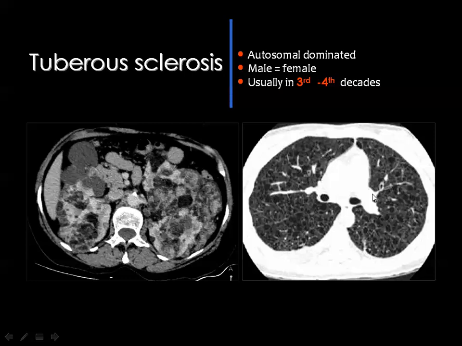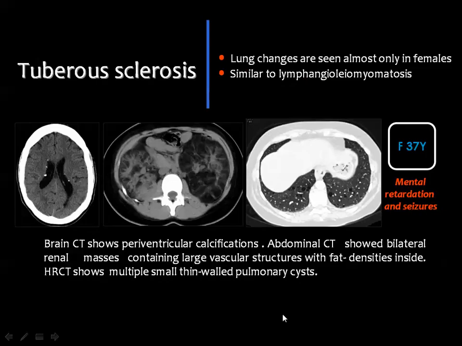But here, the disease affects both males and females and is usually associated with angiomyolipoma of the kidney, either unilateral or more commonly bilateral masses containing fat involving the renal parenchyma. The lung changes are almost seen only in females.